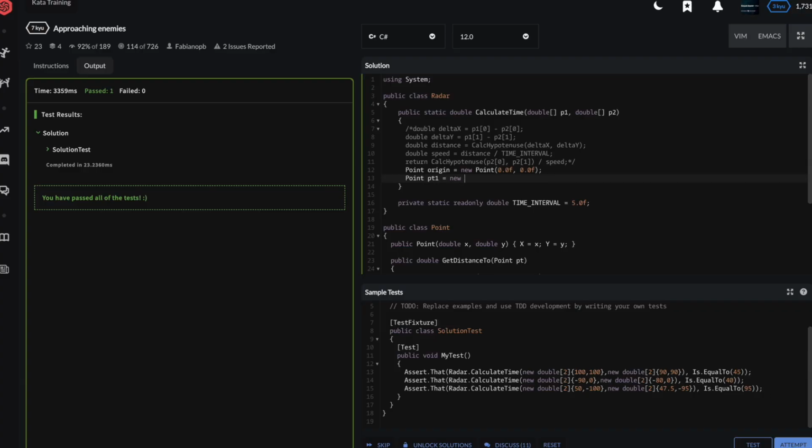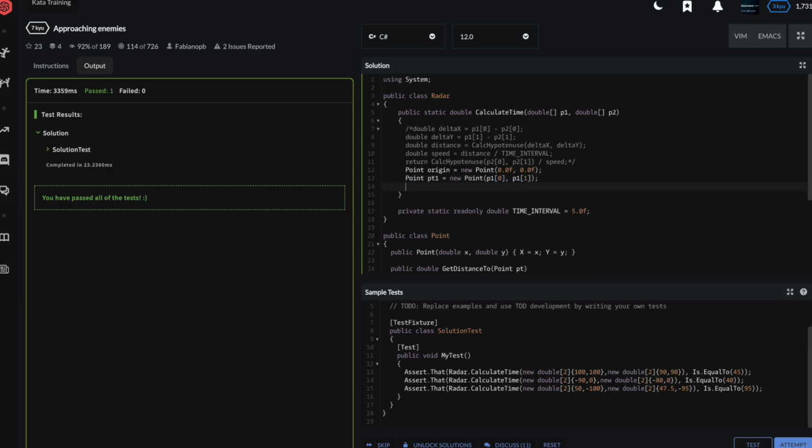I'll have point1 equals new Point, and that would be p1[0] and p1[1], the x and y values. We're going to do the same thing for point 2: p2[0] and p2[1].